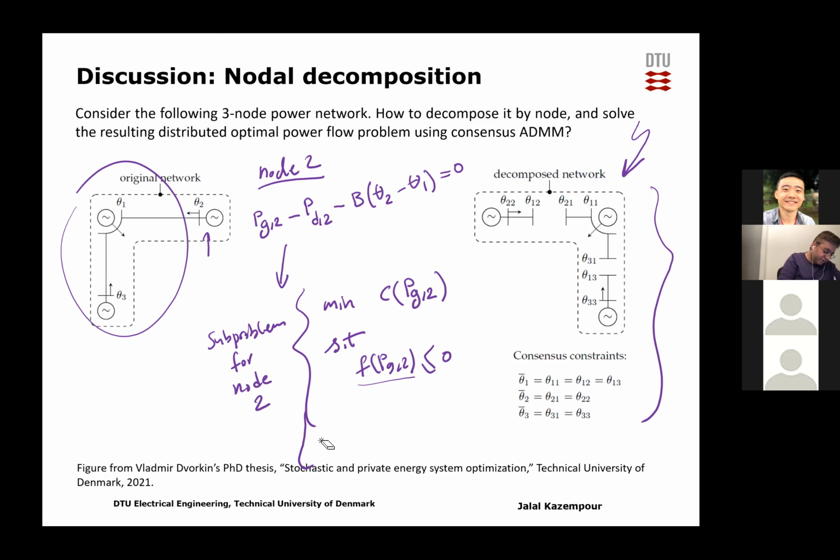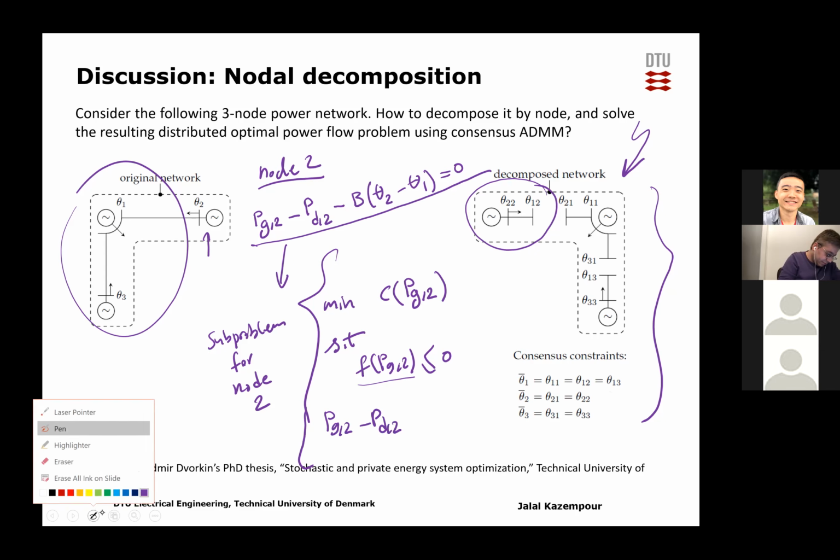But what is the power flow in node 2? Let me write the power balance equality at bus 2. So like this, PG2 minus PD2. Remember in the original form, theta 2 is a local variable for node 2, but not theta 1.